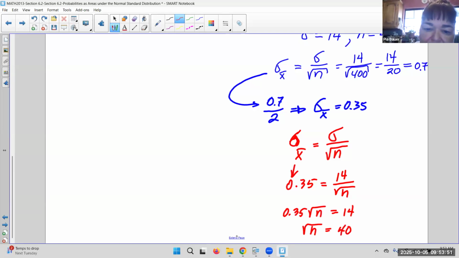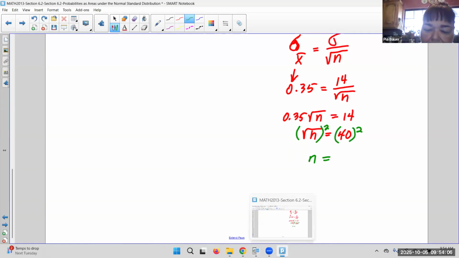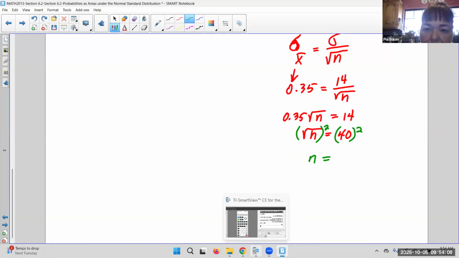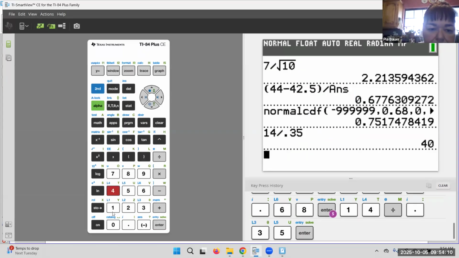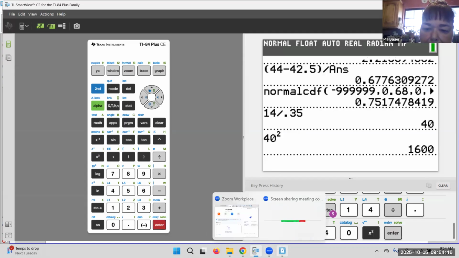And now to get rid of the square root, we square both sides. So that's going to give you just an n. And 40 squared will be 1,600.